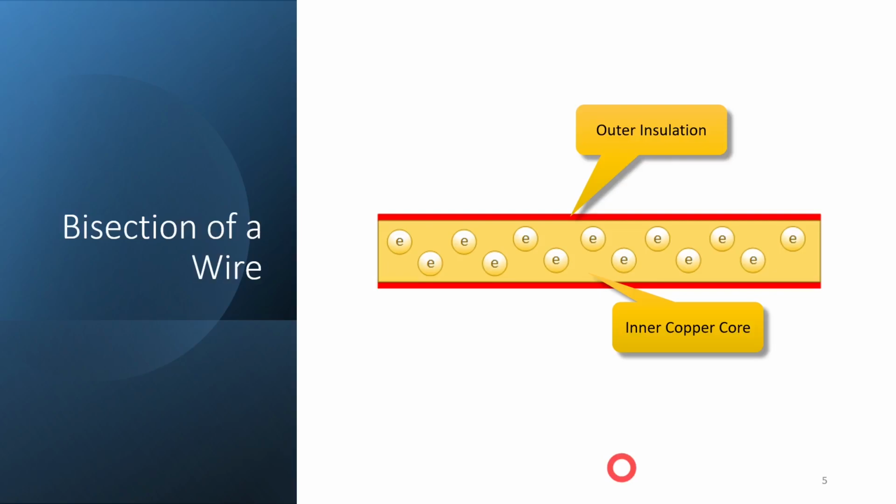So I'm depicting a wire that's been cut in half, right down the middle, so we're looking at what's happening internally. And these little spheres with the letter E are the copper electrons, and we know from earlier study that the electrons are what is actually freely given up by an atom and makes electricity possible.